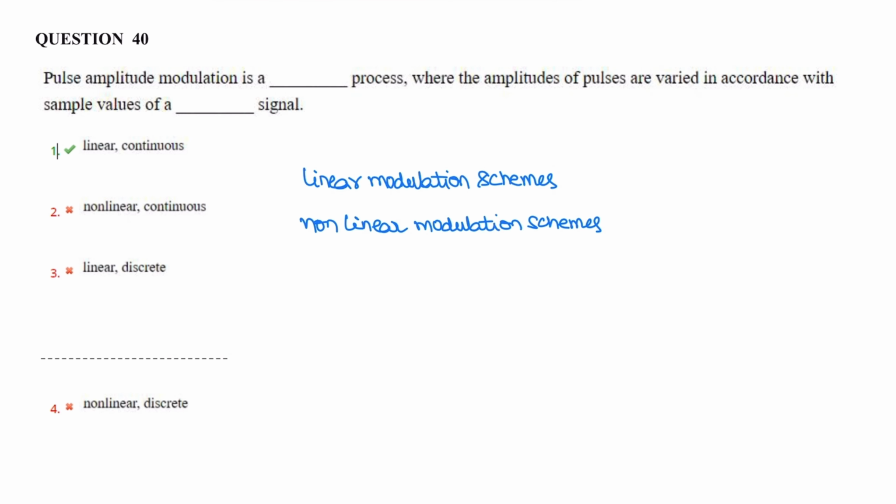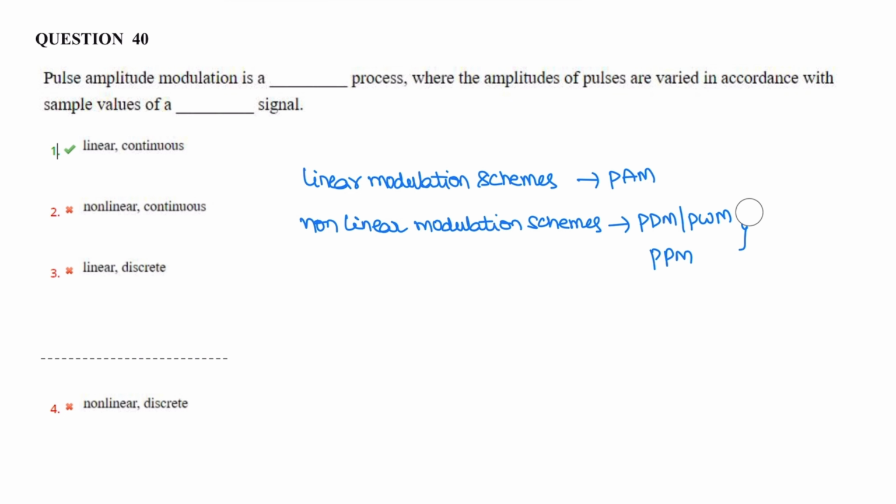So pulse amplitude modulation is a linear modulation scheme, whereas PDM, pulse duration modulation or pulse width modulation, and pulse position modulation are non-linear modulation schemes.